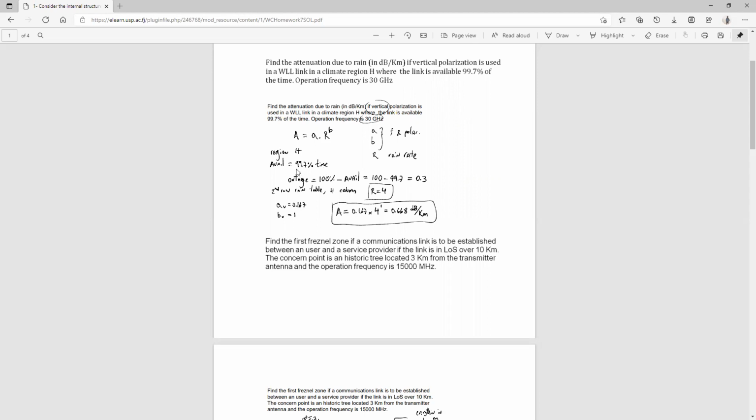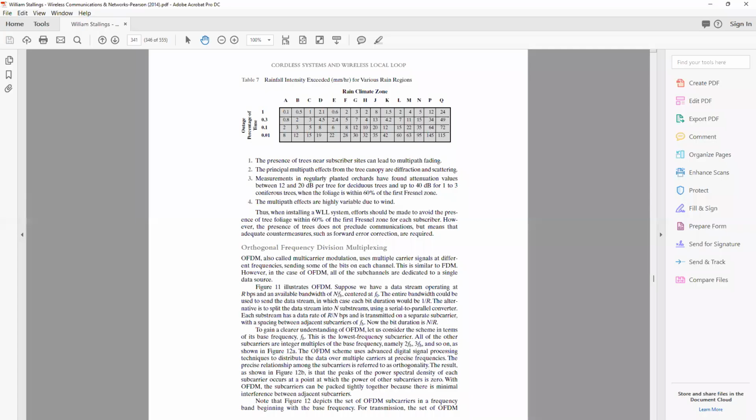So the outage is 100% minus the availability, which is 100 minus 99.7%. In that case, 0.3% is our outage. So we go back to the table again. At 0.3% outage, and we are in rain climate zone H.